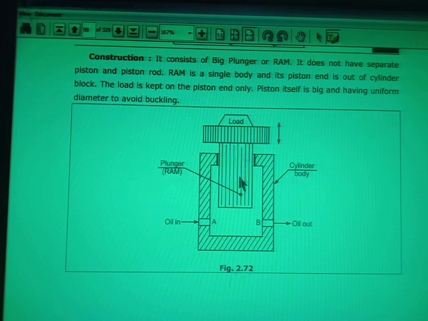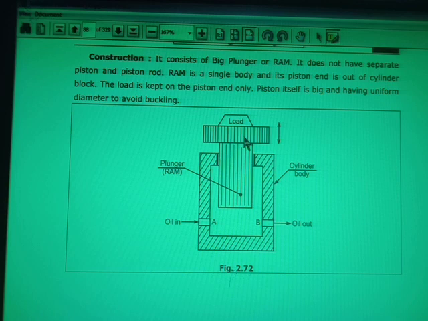Another specialty of this ram, or plunger, is that the diameter of this plunger is usually more than half of the piston. If this is the complete piston, the diameter of the ram will be more than one half of the piston.